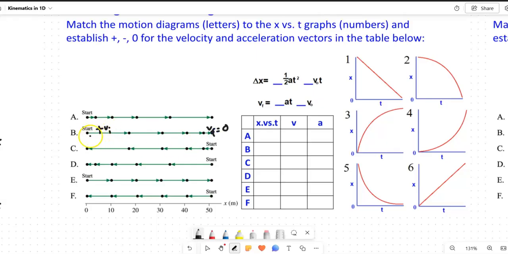Notice its initial position is 0. Let me make this a little bit more organized. So its initial position is 0, so xi equals 0.